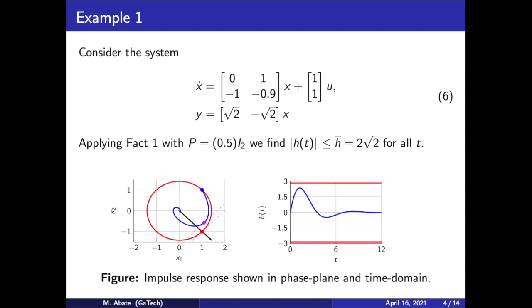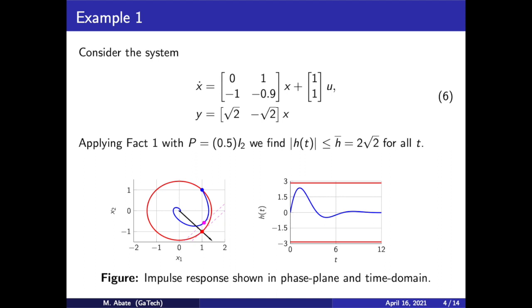So we know that the impulse response must remain inside of a circle that touches the initial system condition. Okay, and then finding the intersection of this circular sublevel set with the C vector, we are able to attain a norm bound on h.